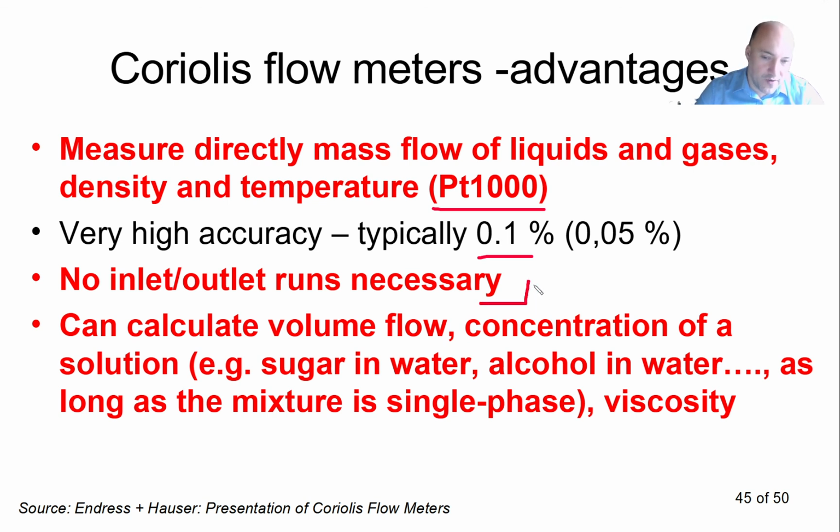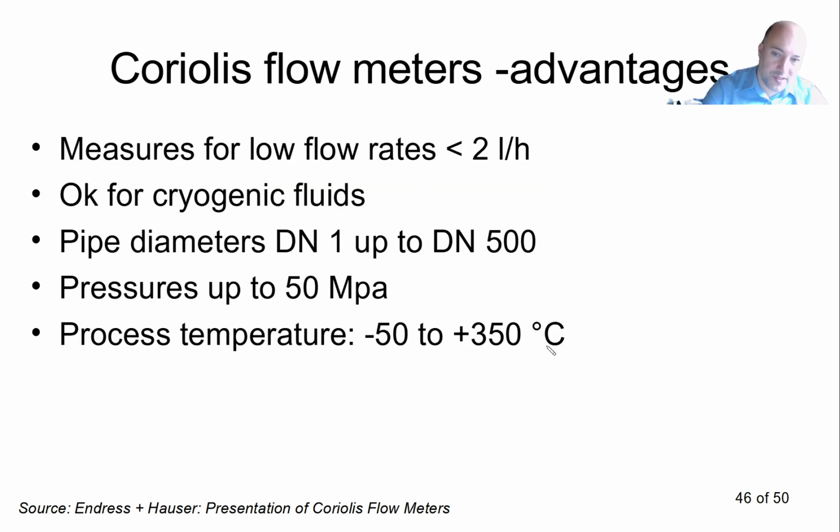It does not require any distance upstream and downstream, and it is able to measure or calculate the volume flow and concentration. It can measure viscosity as well. So out of those four principles, it is like the best principle, but it will also be one of the very expensive ones.